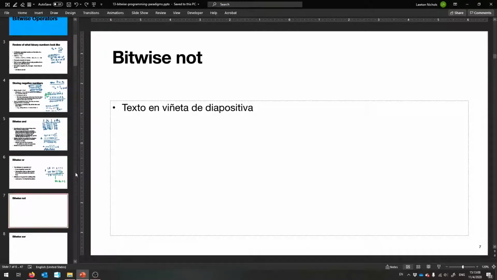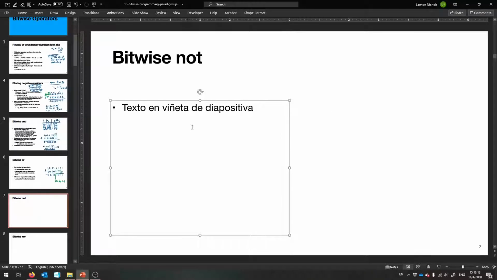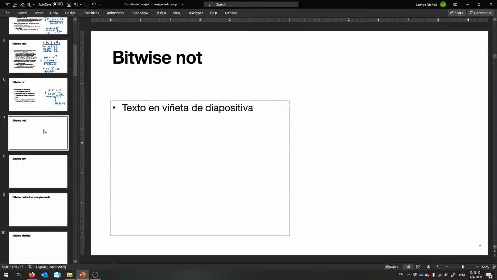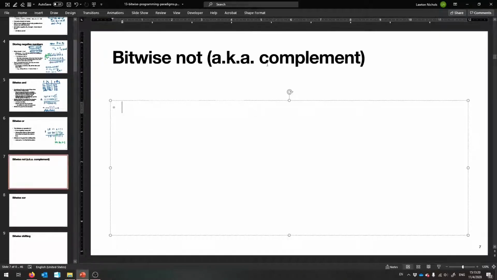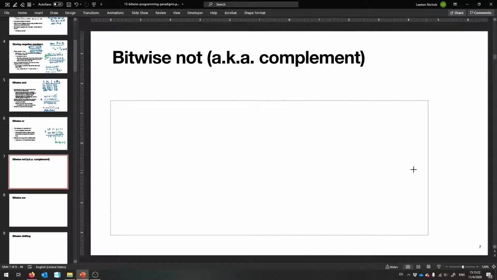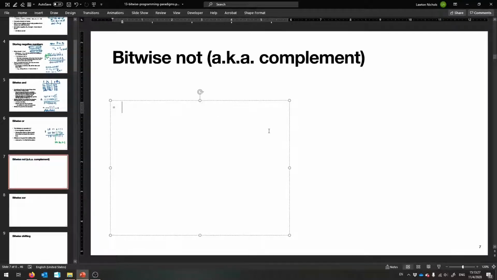Okay, bitwise not now is going to be nice. Oh sorry, I already had that one. I had it twice accidentally, sorry. So bitwise not is also sometimes called complement, and here is what it does. It just flips all the bits. And your Boolean logical not was an exclamation point. It's not like 2 exclamation points or anything like that.